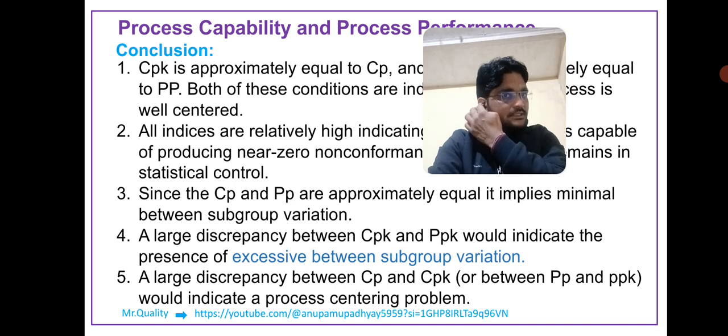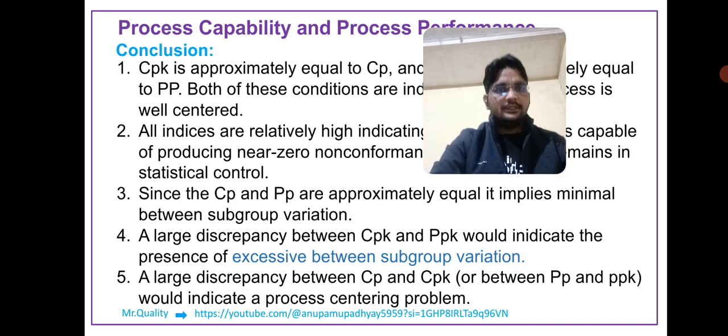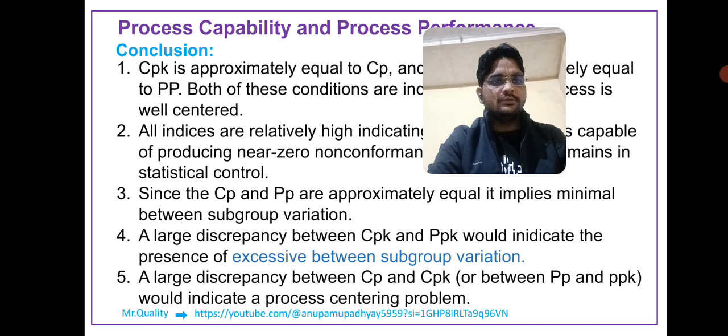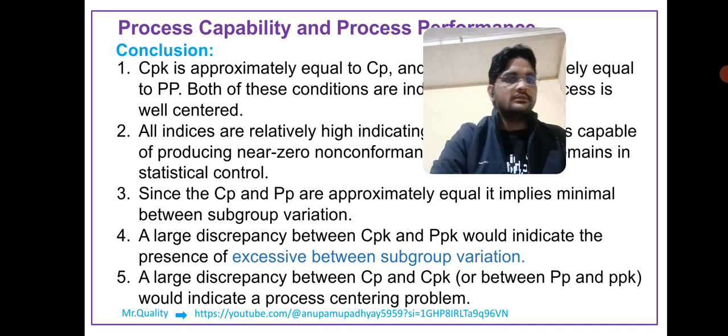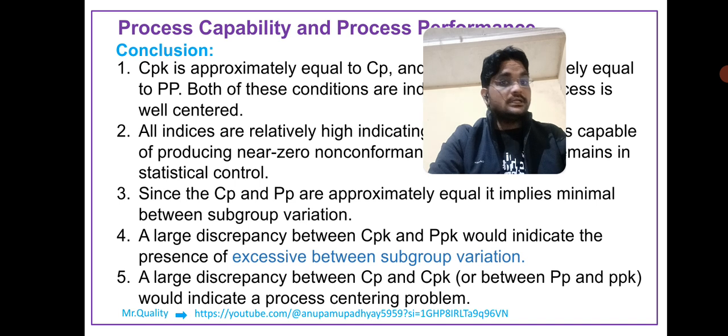A large discrepancy between CPK and PPK would indicate the presence of excessive between subgroup variation. A large discrepancy between CP and CPK would indicate a process centering problem.